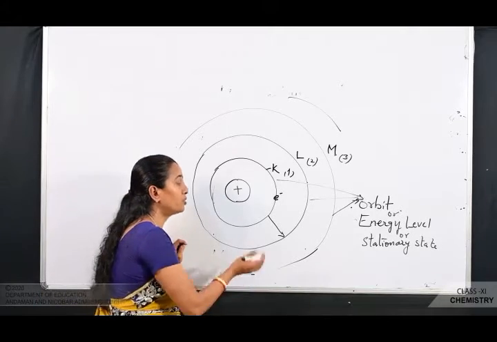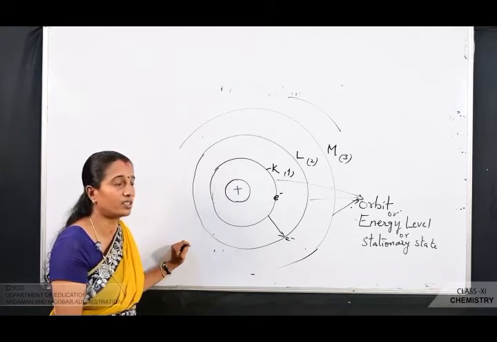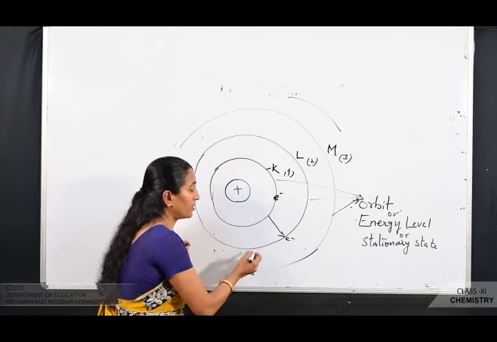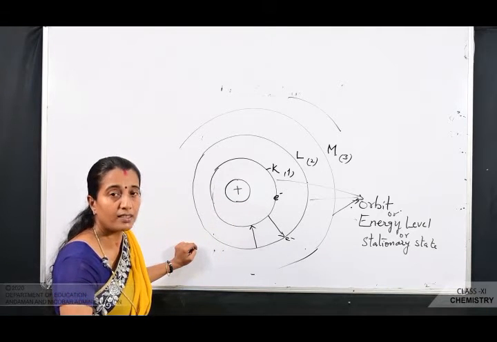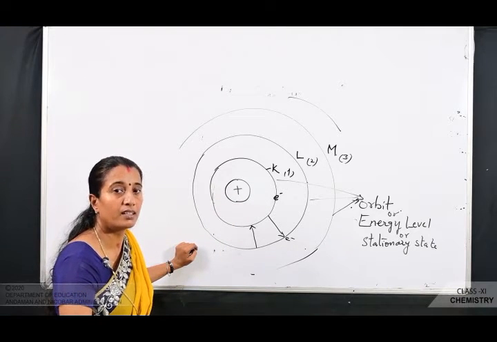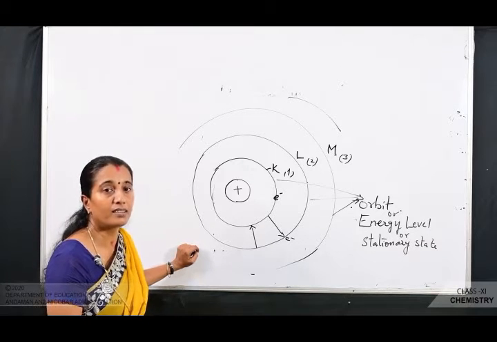And if the electron has jumped over here and then emits energy, it will come back to the ground state. This is the second postulate said by Bohr. Now, let us see the third postulate.